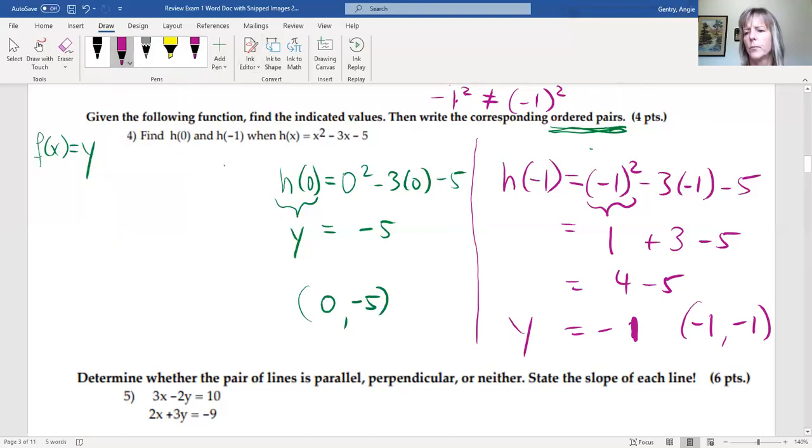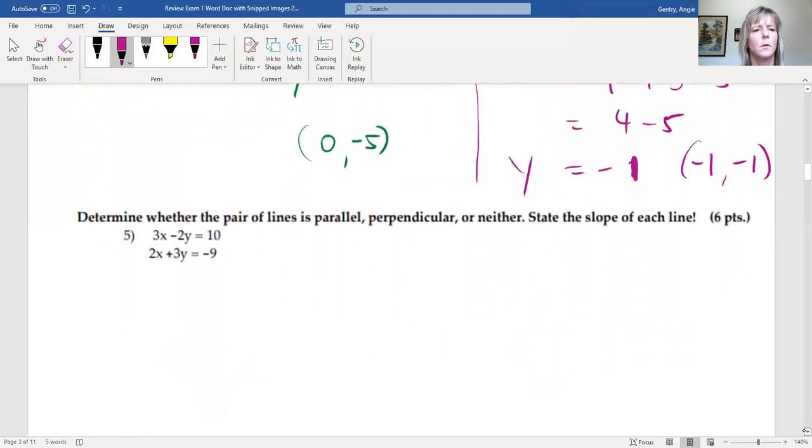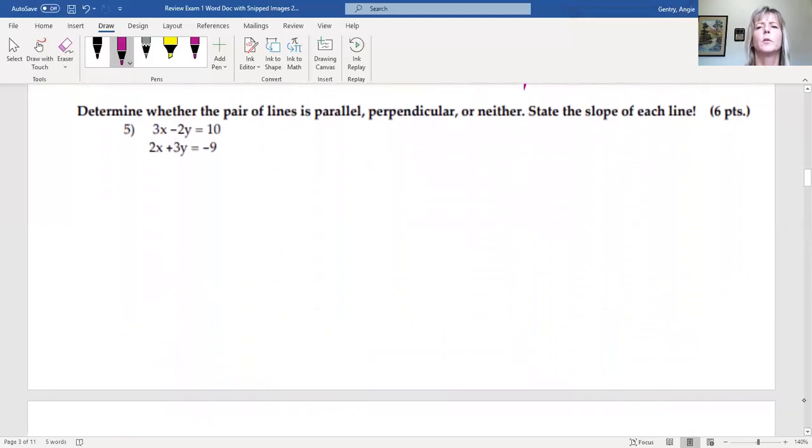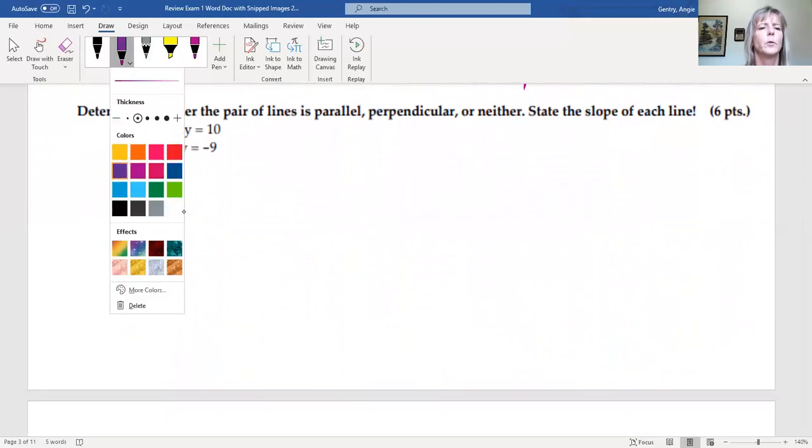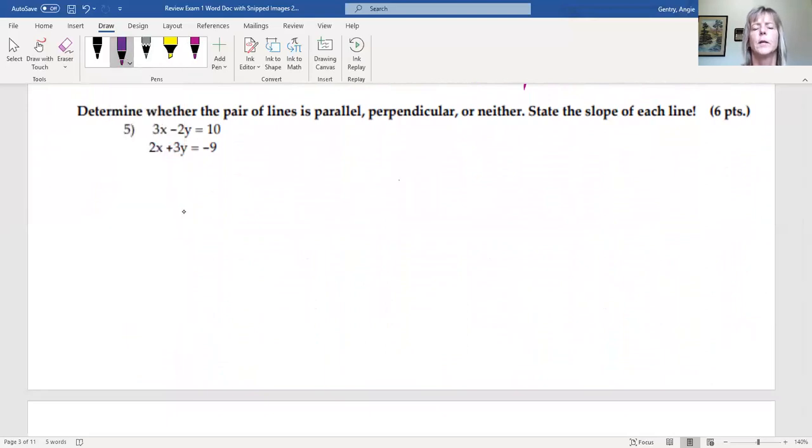So let's see. Determine if they're parallel, perpendicular, or neither. How do you know if something's perpendicular or parallel or neither? If m2 equals m1, they're parallel.